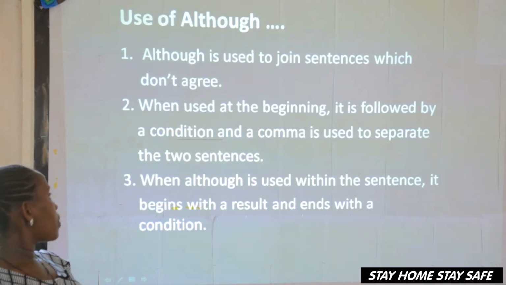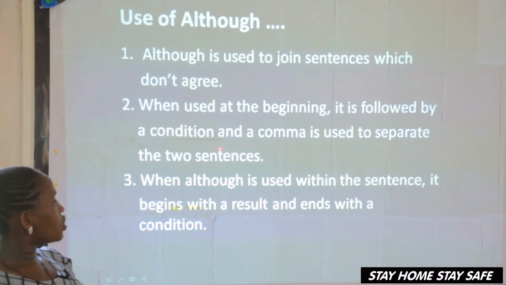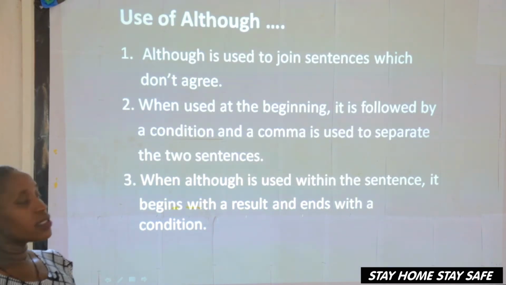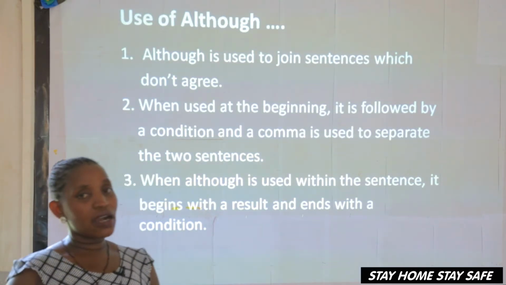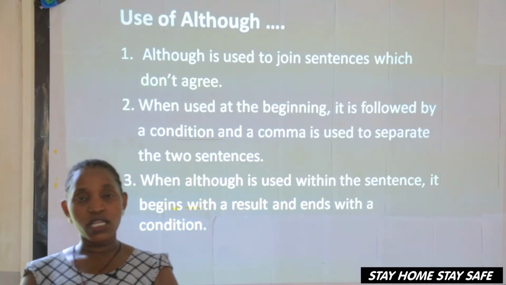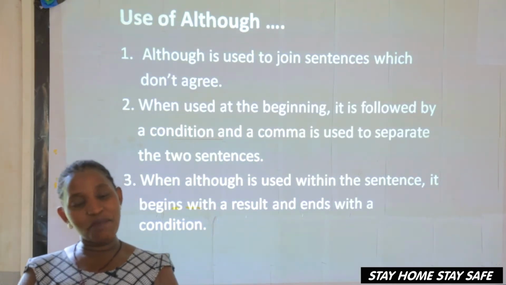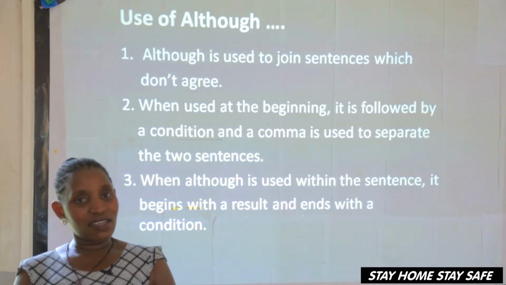And we say when used at the beginning, it is followed by a condition, and a comma is used to separate the two sentences. What do we mean here? Although as a conjunction is used at the beginning of the sentence and then within the sentence.